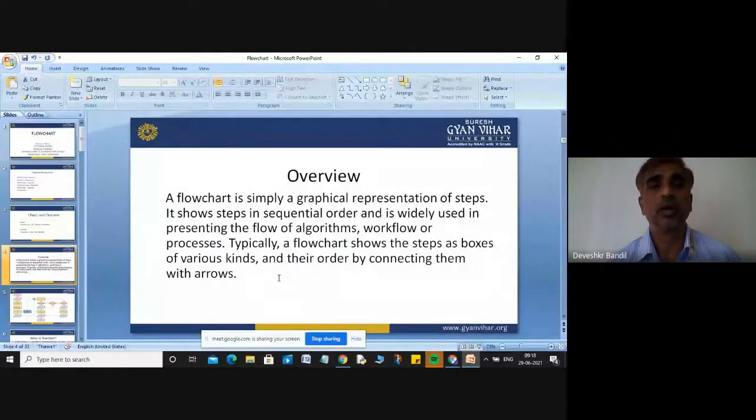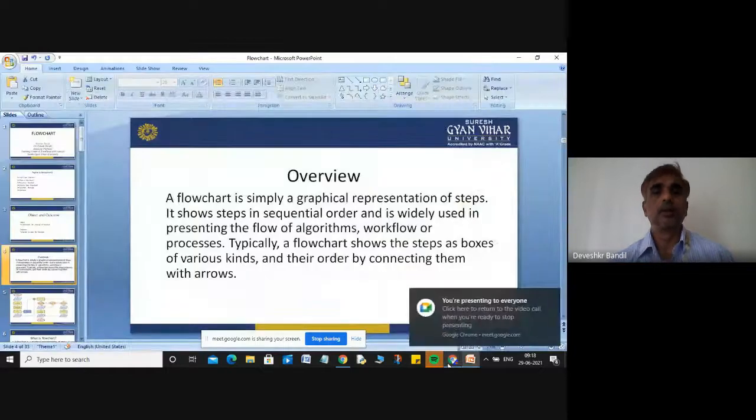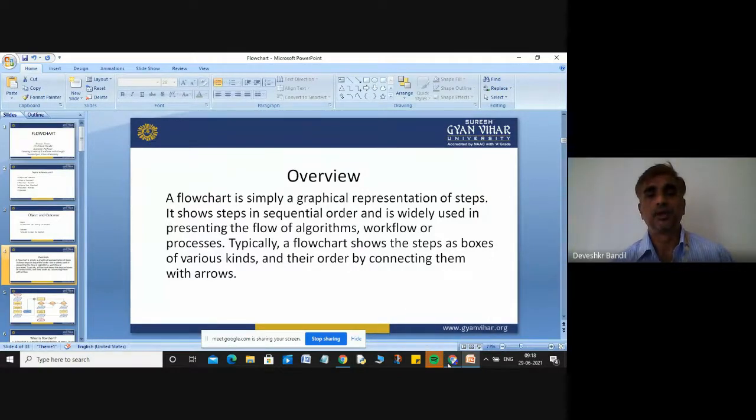First of all, I am giving overview of flowchart. You know, flowchart is a graphical representation of your steps. When you will draw the flowchart, you will draw all steps in a graphical way. That's why I told you flowchart is simply a graphical representation of steps. It shows steps in sequential order and is widely used in presenting the flow of your algorithms.